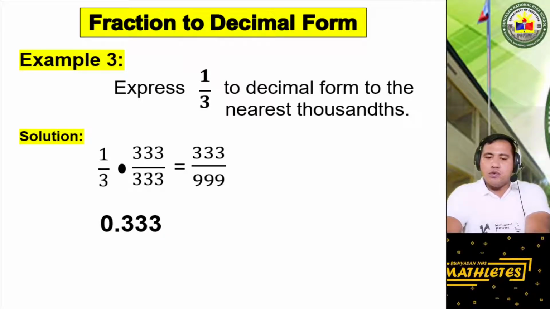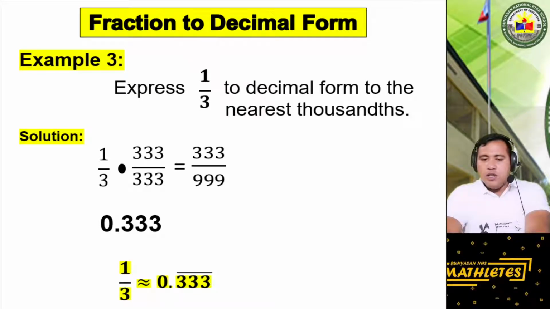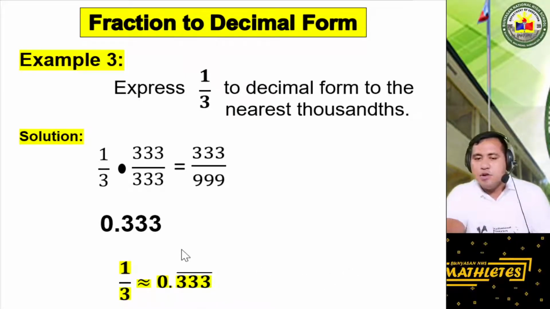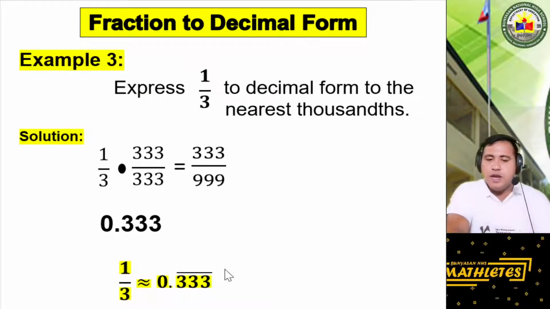So that is 0.333. It means 1/3 has an approximate value of 0.333. Kung sa tawag ani nga decimal, repeating siya, because as you observe, 333 nagbalik-balik. Non-terminating decimals, approximate value ang ganito.